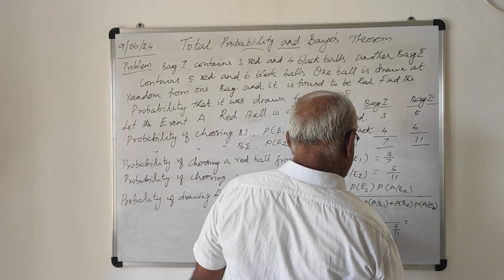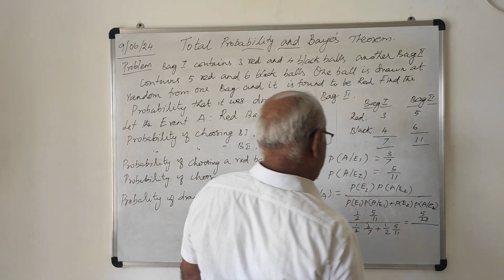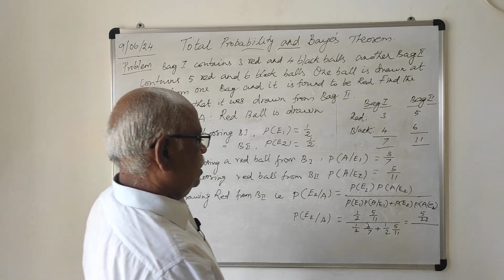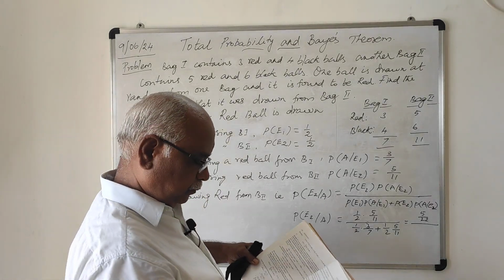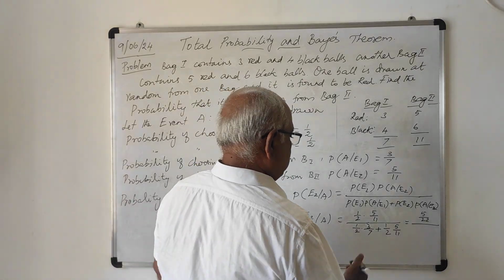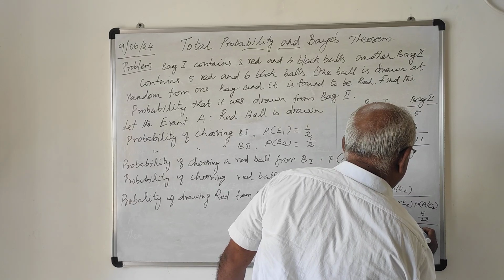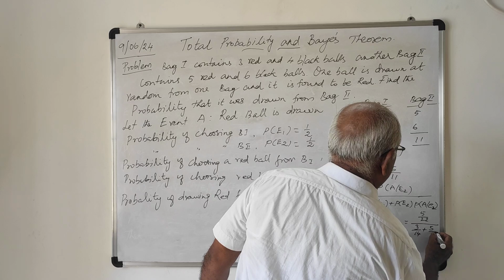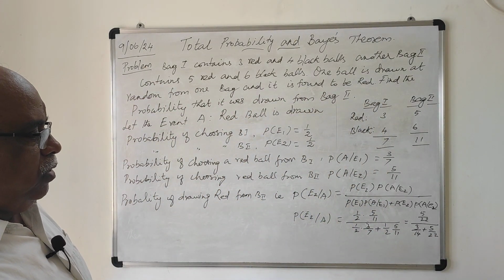On simplification, this is 5 by 22 divided by 3 by 14 plus 5 by 22.